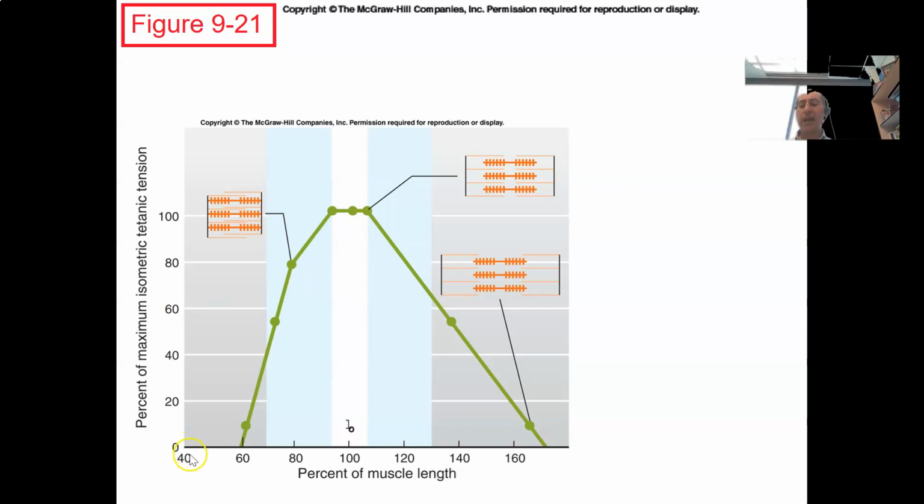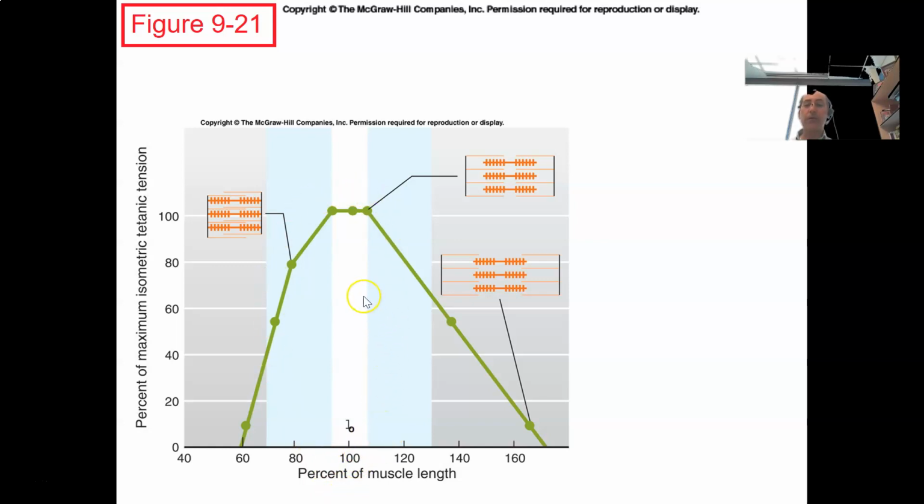On the x-axis here, you have the percentage of length of an individual sarcomere. So this graph only represents one sarcomere, not an entire muscle. 100% is normal resting length. Most skeletal muscles rest at 100% of their length.